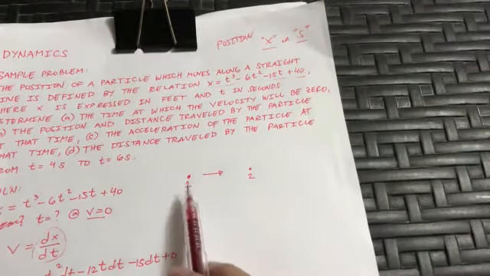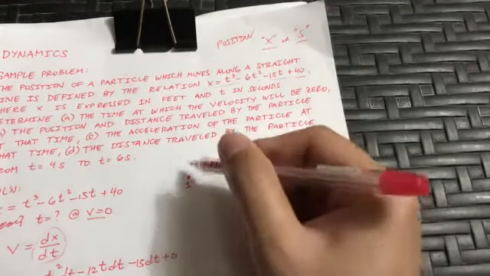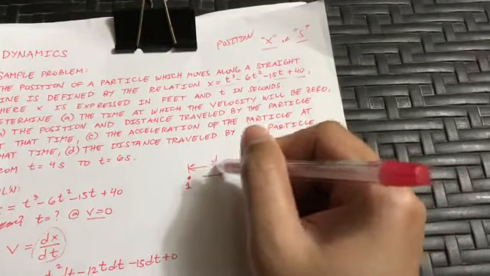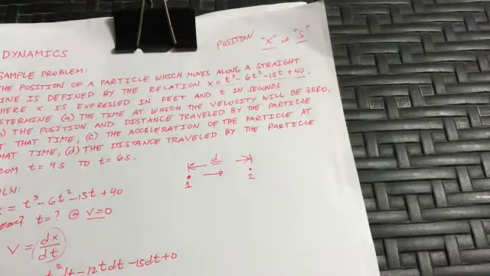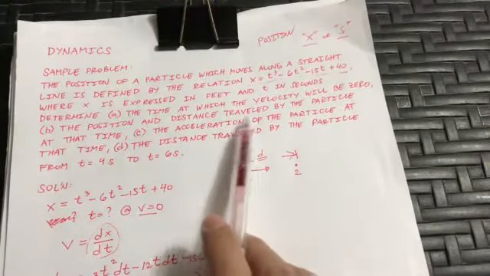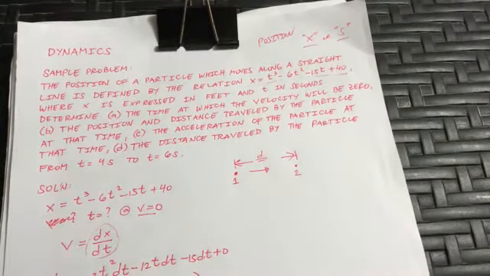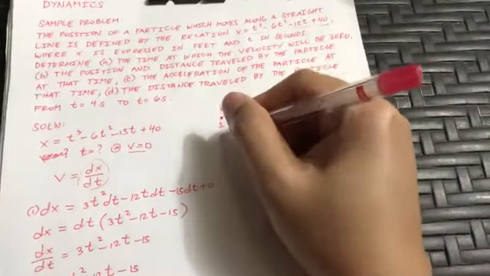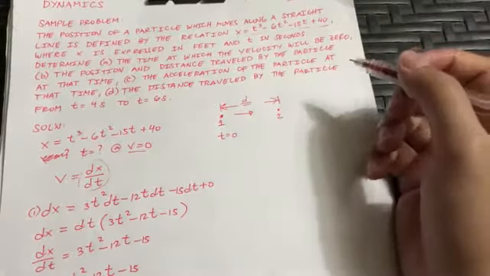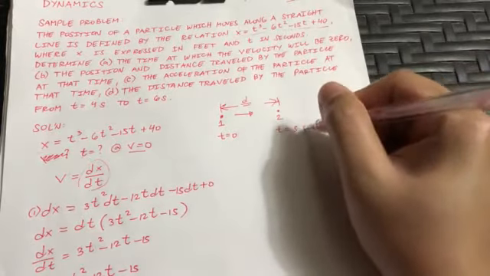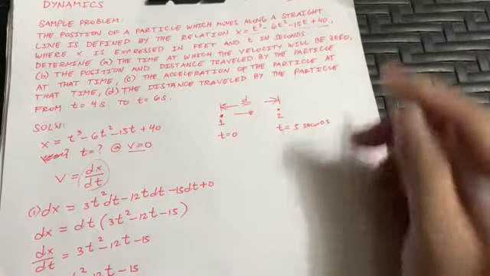So when you go from point 1 to point 2, this distance will be your distance traveled. Okay, so the question asks, what is the distance traveled by the particle at that time? Meaning, what is its distance traveled from time is equal to 0 up to time is equal to 5 seconds? Okay?